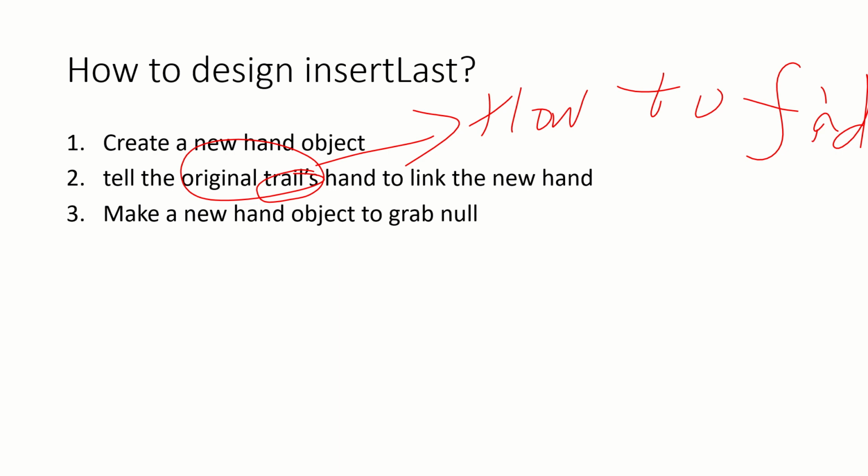Bingo. Right? We find the one we need. So we find the tail. Who's the tail? C.